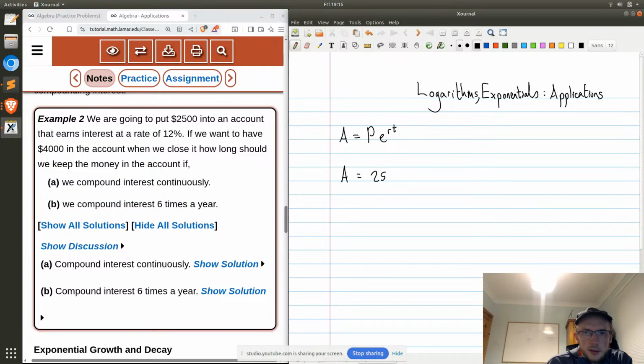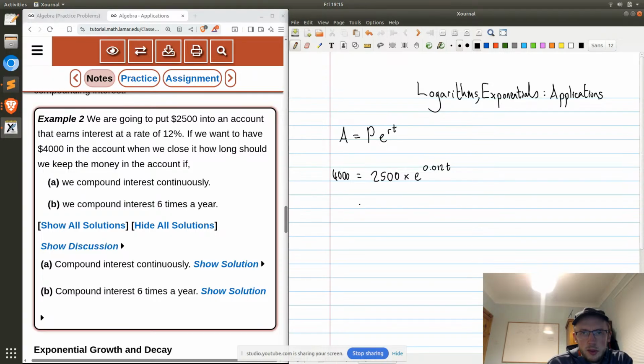So the account is 2,500 multiplied by e to the power of 0.012t, right? And A in this case is our goal. So there I'm going to put 4,000.